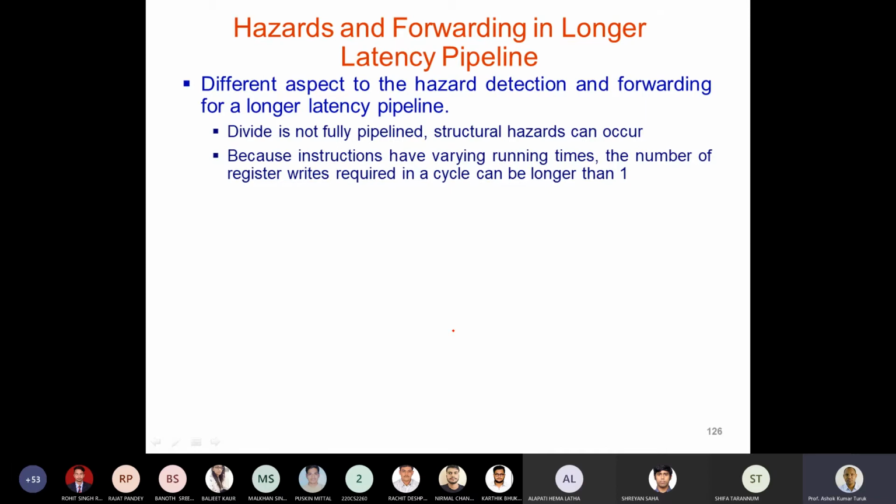So there is a possibility of more than one write to the register in the write back. If there can be more than one write, then there has to be a mechanism to handle that.